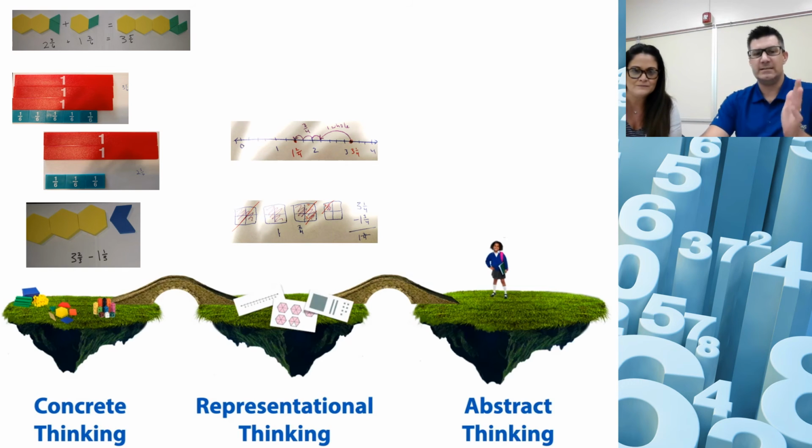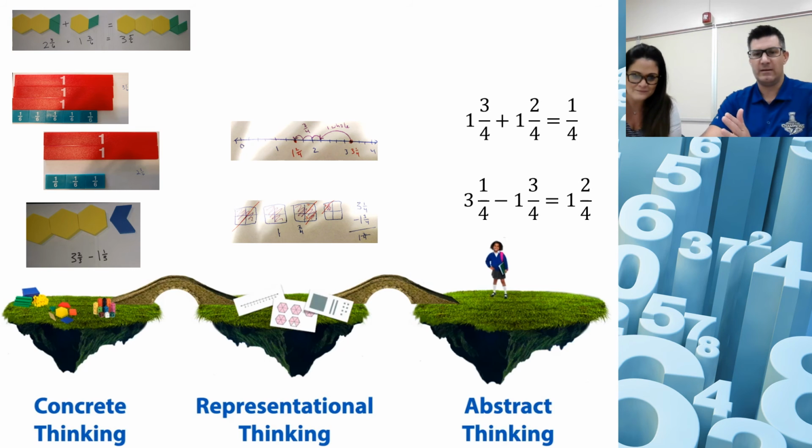Again, we're not trying to move towards abstract being the goal, the finish line. We want students seeing all of these together so they can help make these connections across these. You'll see those bridges there across these concrete representational abstract islands. What a great summary of what we just talked about today in the concrete representational abstract model, Joe. Yeah, you'll see the CRA in a lot of these videos.